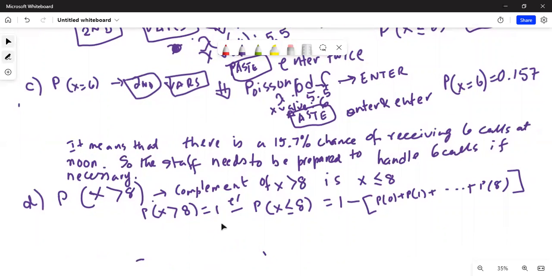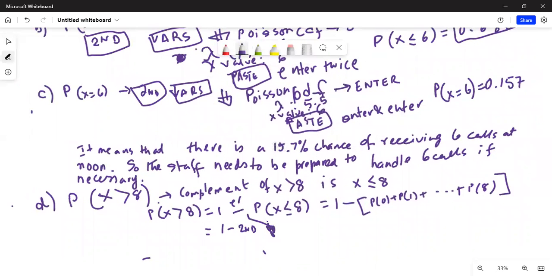What we will do is type in our calculator 1 minus, then 2nd VARS and scroll down to Poisson CDF, and then enter.